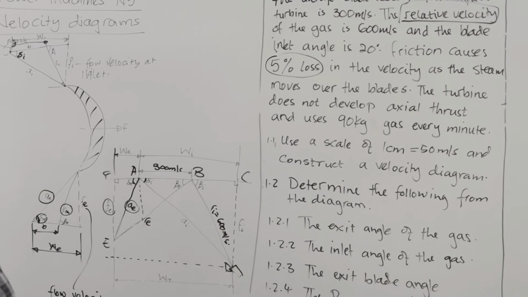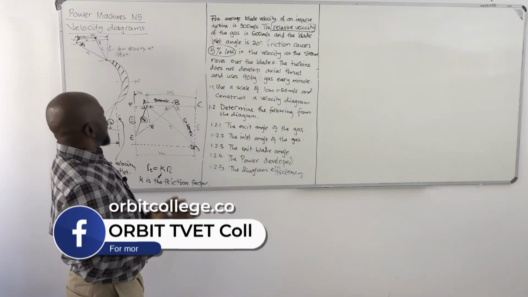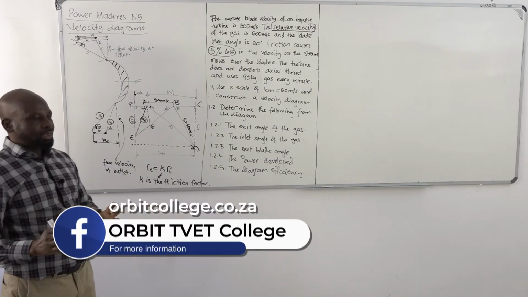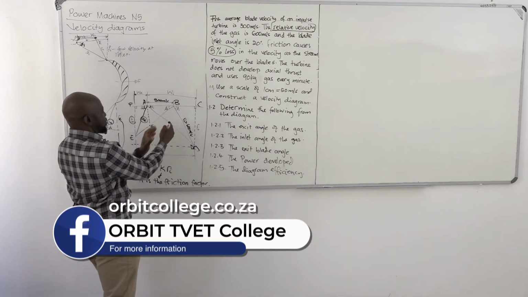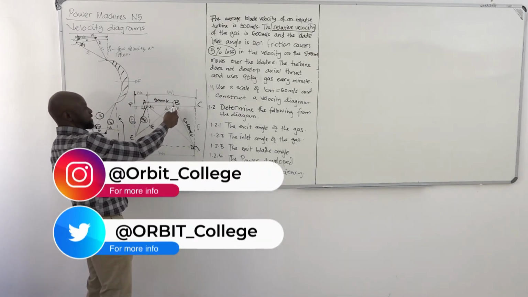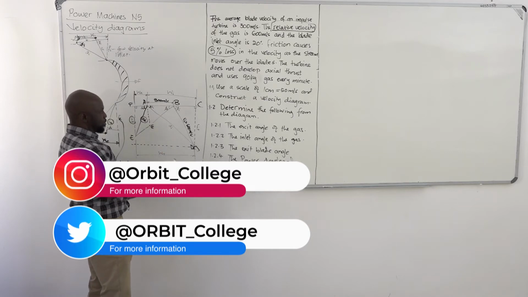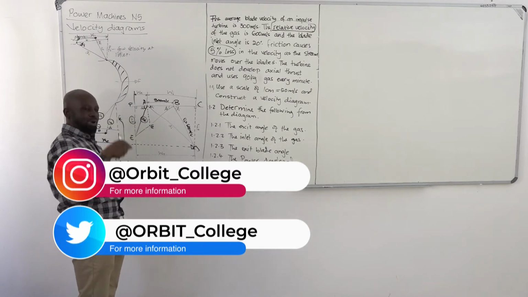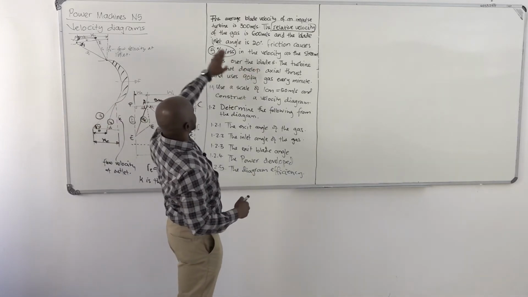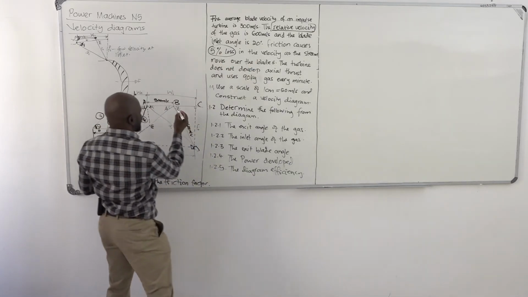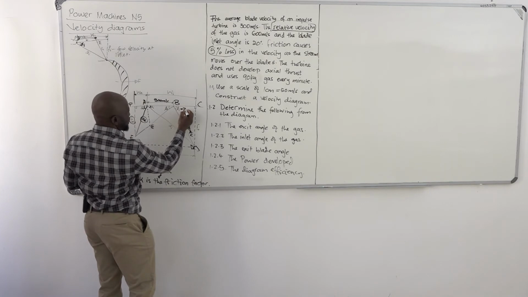All right? And the blade inlet angle is 20 degrees. At point B here, that's where we have the blading angle. Our beta I represents the blade inlet angle, and beta E represents the blade outlet angle. So they are saying the blade inlet angle is 20 degrees, which means our beta I is equal to 20 degrees.